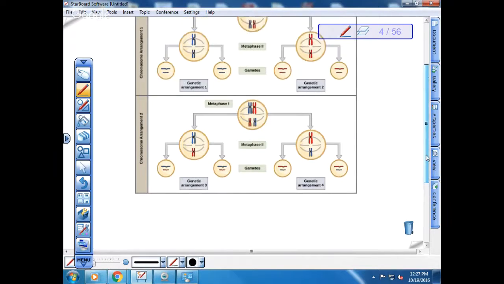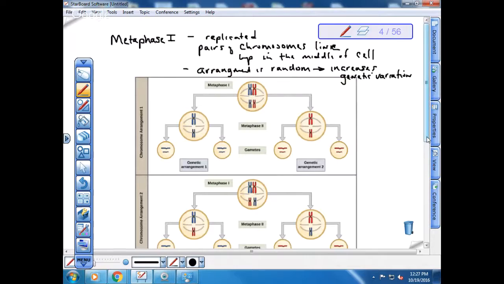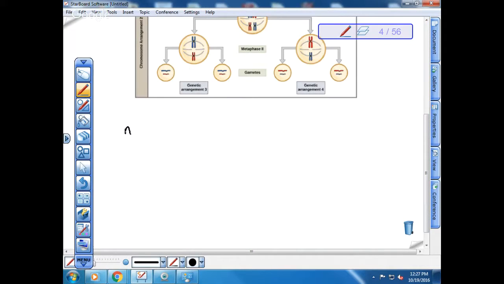So that is metaphase 1, and then at the end of meiosis 1, the chromosomes are still replicated. So the whole point of meiosis 2 is to separate them.